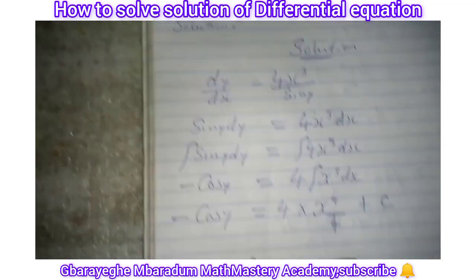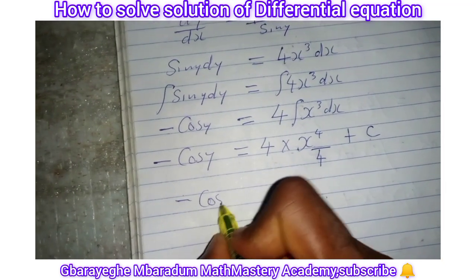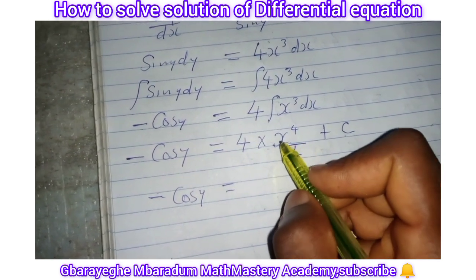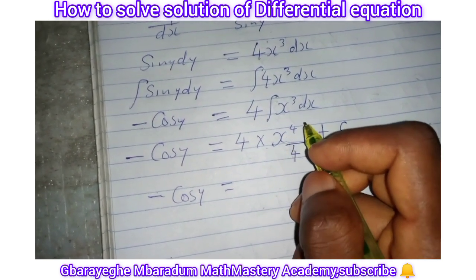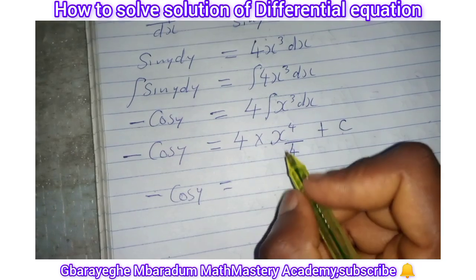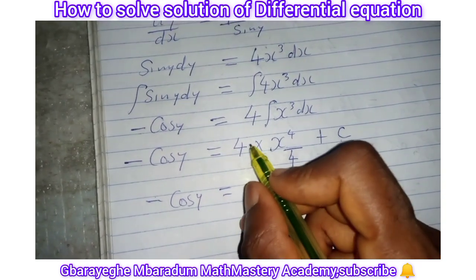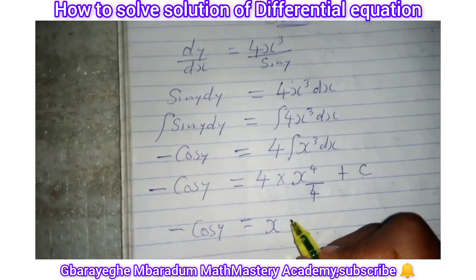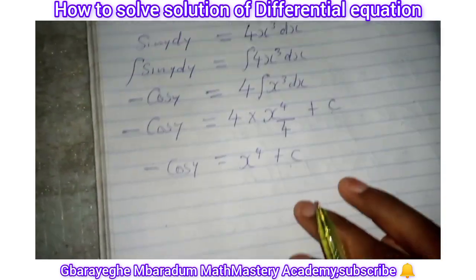Now after that, we know that we have minus cos y equals 4 times this, which gives us 4x to the power of 4 all over 4. So we know that 4 divided by 4 is 1. So we're going to be left with x raised to the power of 4 plus c.